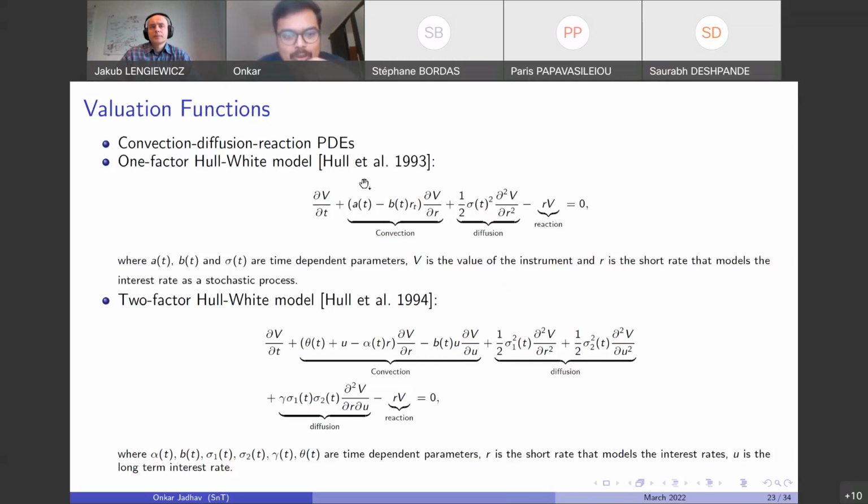Okay, so we are solving for these financial models, the instrument, here denoted with V. This is my output from my PDE. And I'm doing parameter sampling on these parameters A, B, and sigma in case of the one factor model.